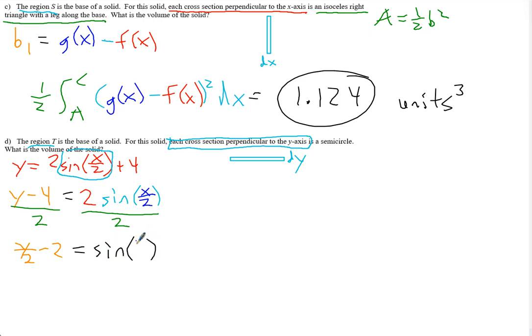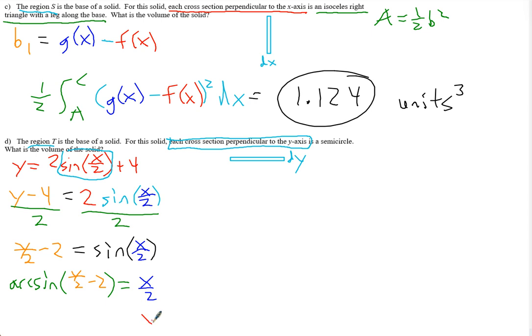To get rid of the sine and help us get the x by itself, the inverse of sine is arc sine. So you would take the arc sine of both sides. Equals x over 2.